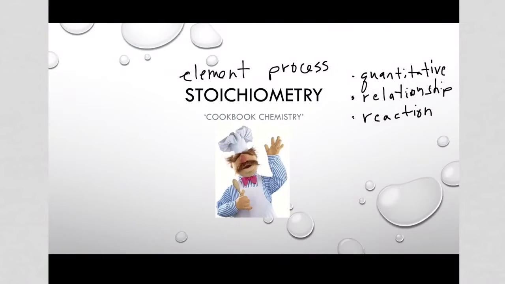Okay, now again, all that's kind of complicated. That's why I really like to call it cookbook chemistry, because most students, even if you don't cook a lot, have probably done at least a basic recipe.